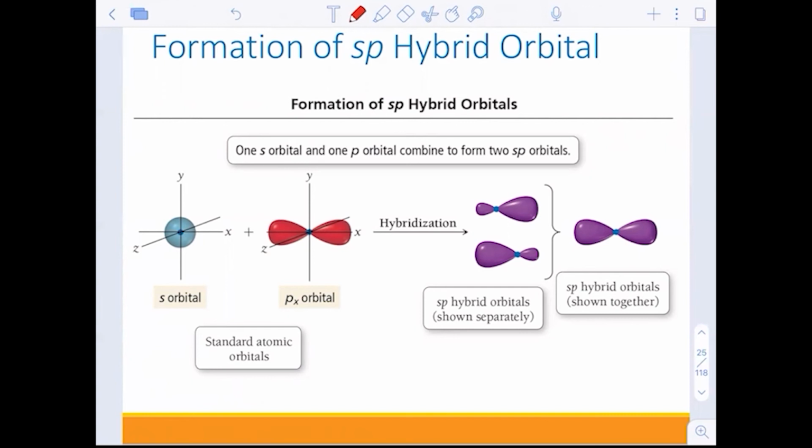So we're starting to look a little bit more lobey on that one side. But again, when they're put together, here's the central atom. I don't want you to think that this is a p orbital when they're put together. It's just that they have the two lobes 180 degrees from each other.